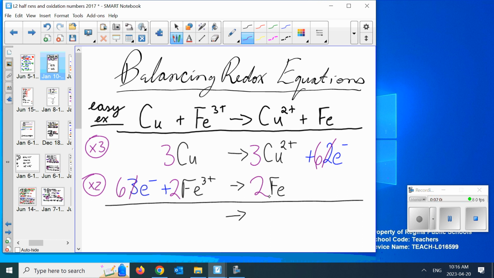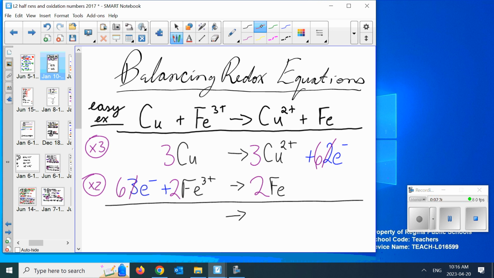By the way, this is a good application of that little memory aid, OIL RIG. I didn't ask for it, but which one is reduction, which one's oxidation? Oil. Oxidation is losing electrons. Which half reaction, top or the bottom, is OIL? Oxidation is losing electrons. Which one's throwing them out? Which one?